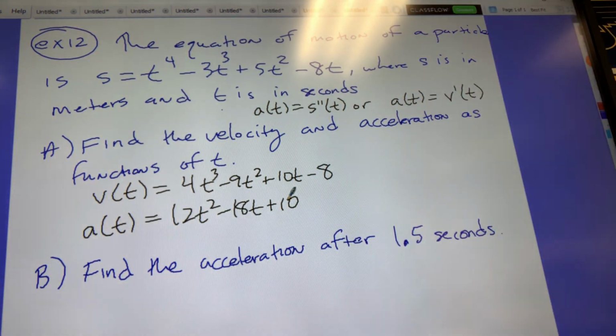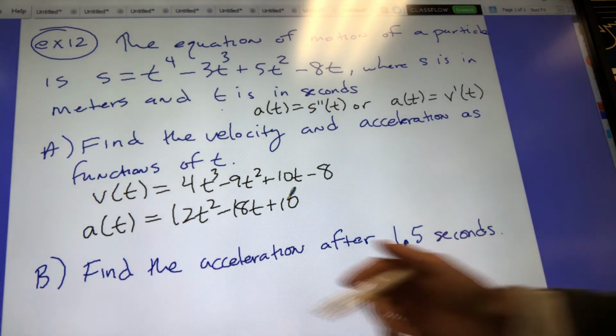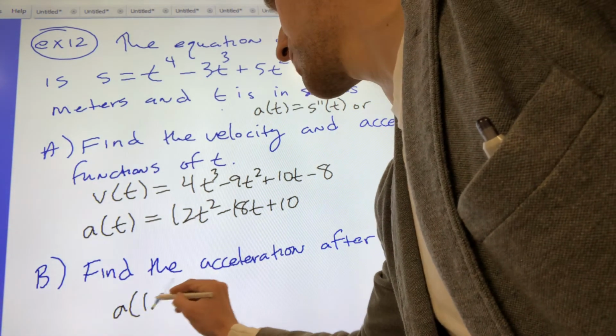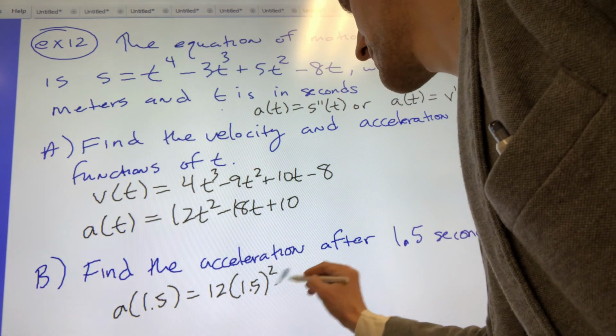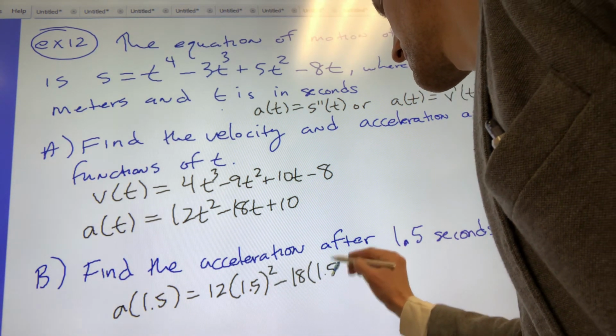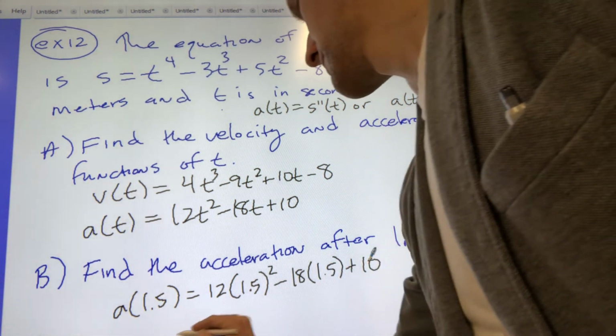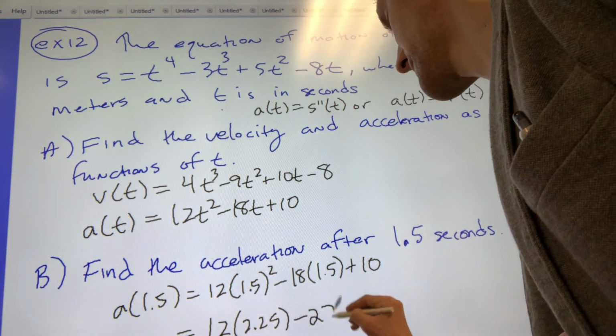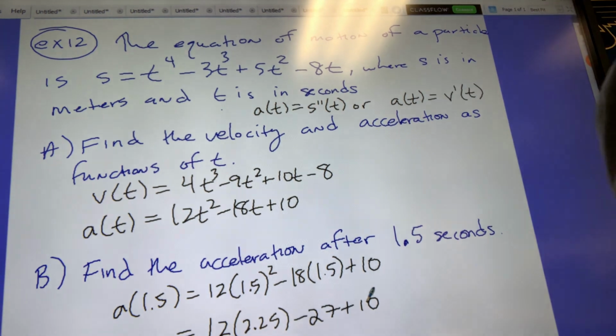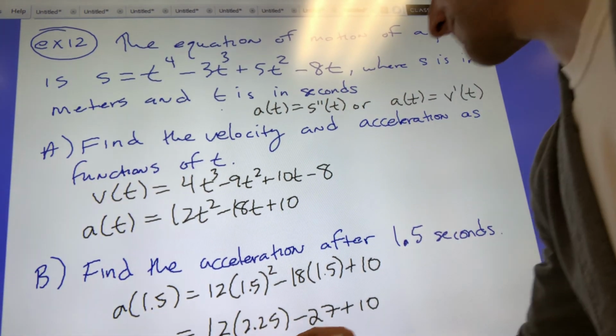There we go. Find the acceleration after 1.5 seconds. So 1.5, plug it in here. 12 times, I think, 2.25 minus 27 plus 10. Oh, I think this is actually going to be 10.